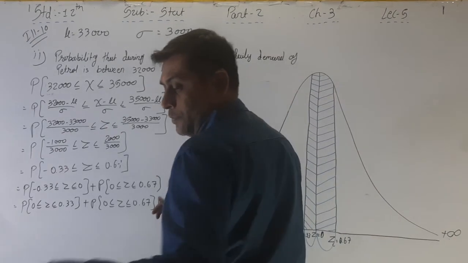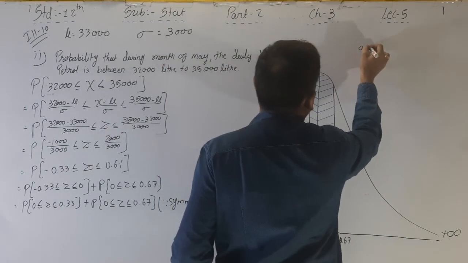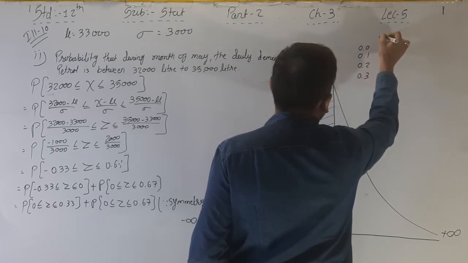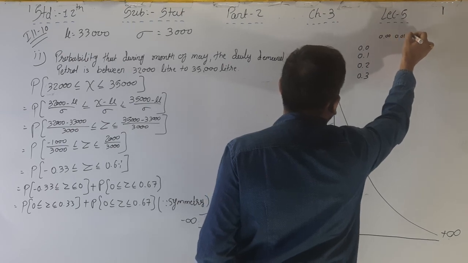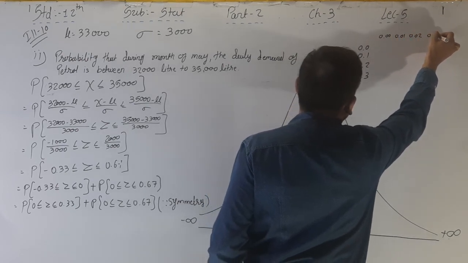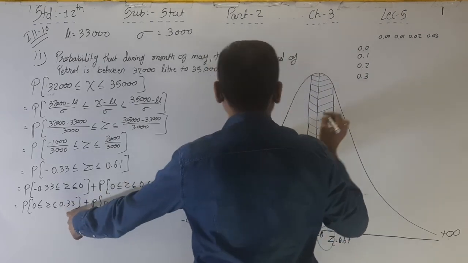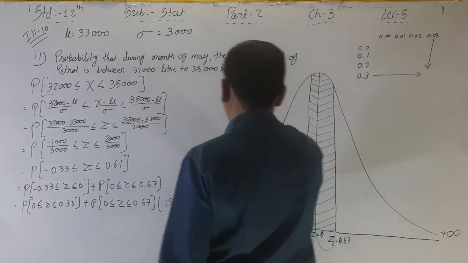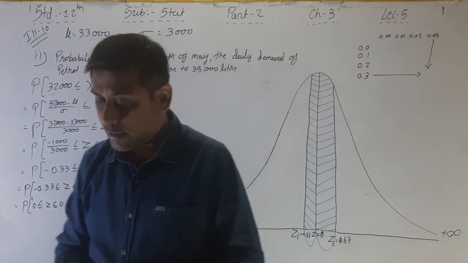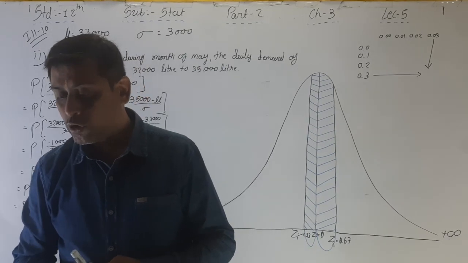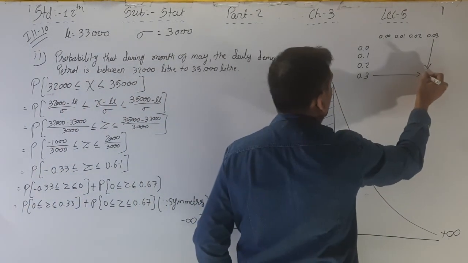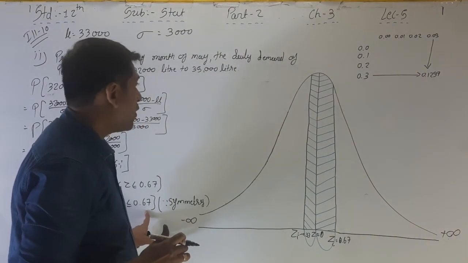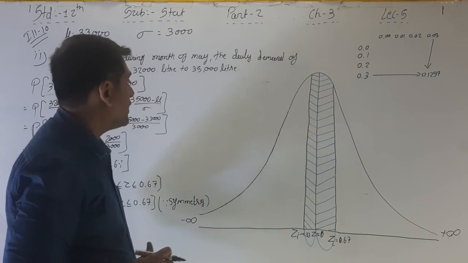Open the table. Here 0.0, 0.1, 0.2, 0.3, 0.00, 0.01, 0.02, 0.03. Here 0.33 we have to find out. So here the value at 0.33 is 0.1297.